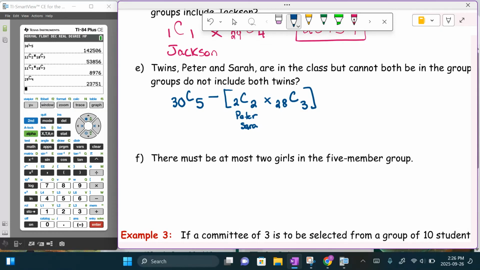That's what's left over. Do you guys agree that this is very similar to the scenario where they can't be beside each other? Same idea.